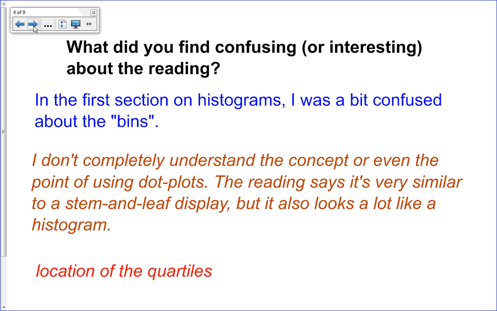So, dot plots are used for small or large data sets. Usually for small. Okay? And I think the reason why dot plots are used is because they're so easy to draw. Meaning, for a stem and leaf plot, do the values have to go in order? Yes.